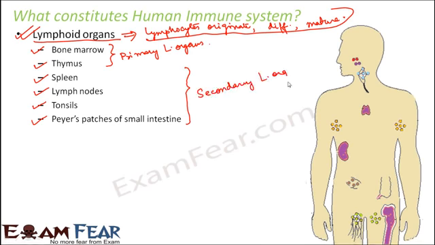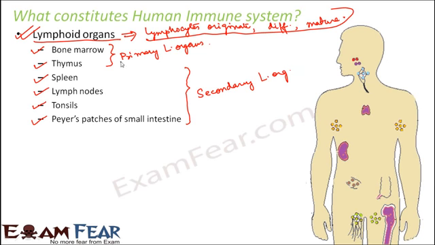What is the difference between them? Primary lymphoid organs play the most important role in the development of lymphocytes; these are the organs where lymphocytes originate and differentiate. Secondary lymphoid organs provide sites for interaction between the lymphocyte and the antigen.